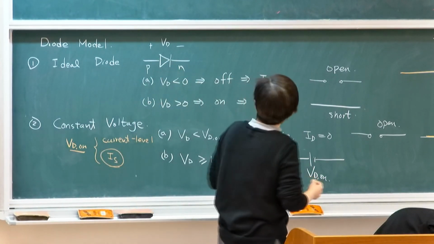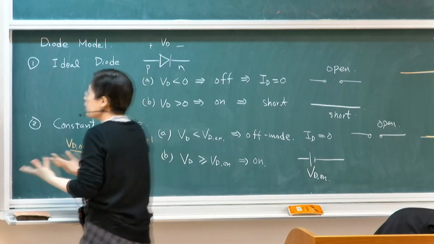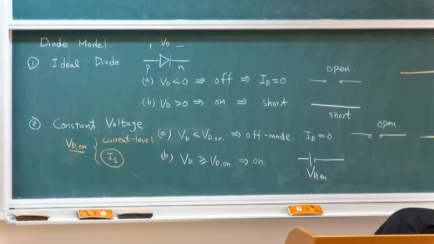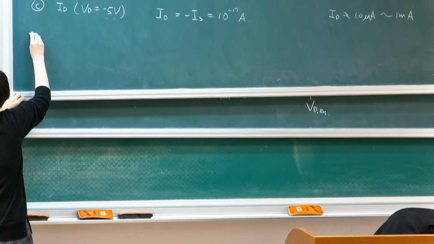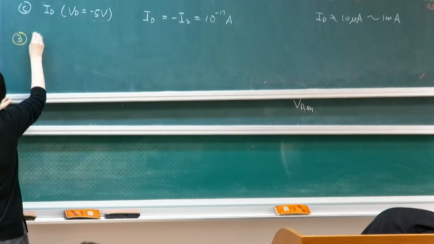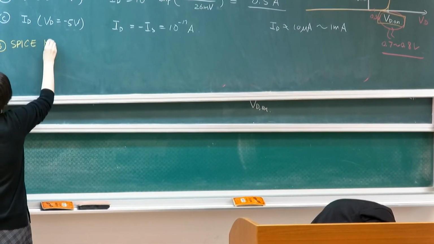Okay, and finally, if you're doing SPICE simulation, or some hand calculation, the current equation is not that complicated. So the third is called SPICE, for circuit simulation.